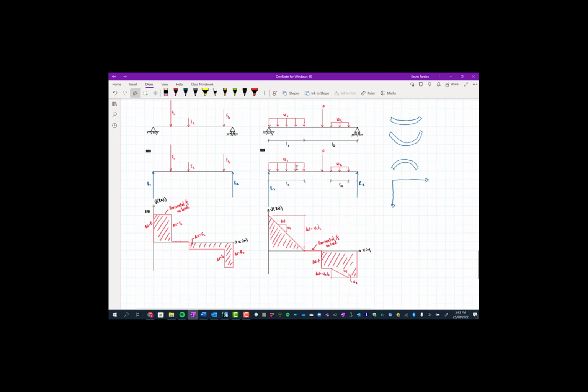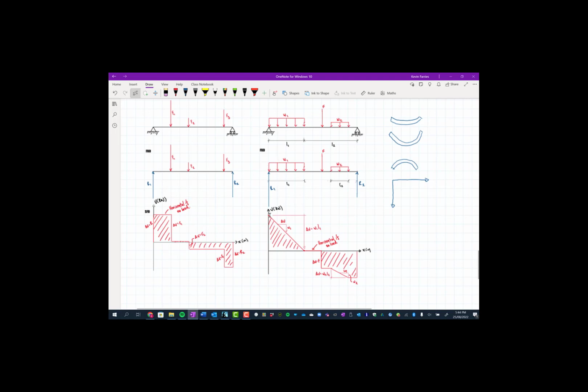And for the shear force, if it's a line load, it's very like going from shear force diagram to bending moment diagram that we just talked about. The easiest way probably to think about it is that to go from one point to another point, the change in the shear force will be equal to the area under the line load.